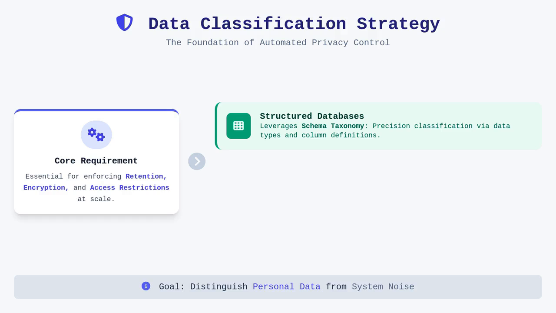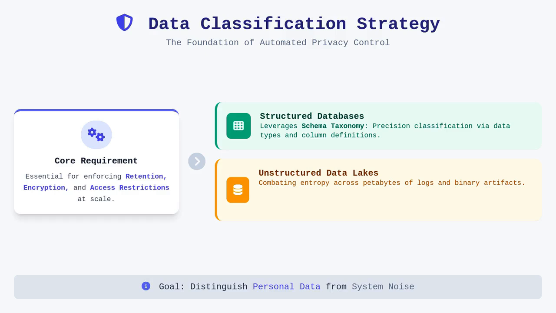When dealing with structured relational databases, the schema itself often provides a natural taxonomy, allowing us to build precise classifiers based on data types and column definitions. However, the true challenge arises when we confront unstructured data lakes, where petabytes of flat files, server logs, and raw binary artifacts reside without inherent structural metadata.